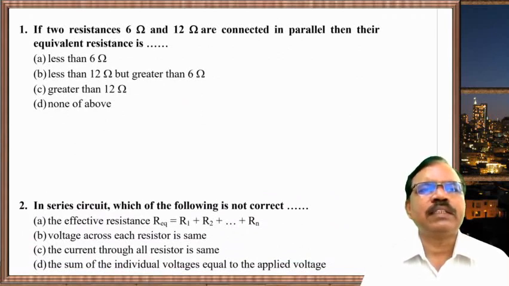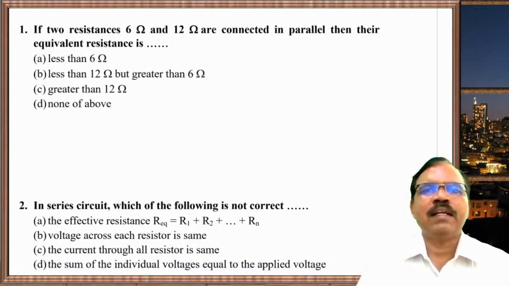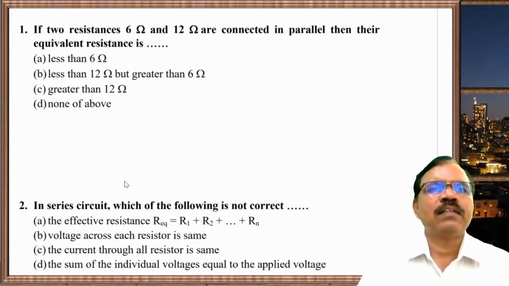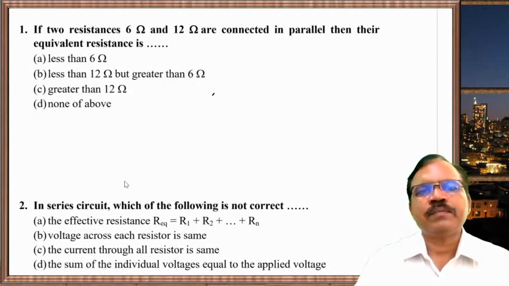If two resistances 6 ohm and 12 ohm are connected in parallel, then their equivalent resistance is: less than 6 ohm, less than 12 ohm but greater than 6 ohm, greater than 12 ohm, none of the above. Now here, suppose between points A and B, two resistances R1 and R2 are in parallel.